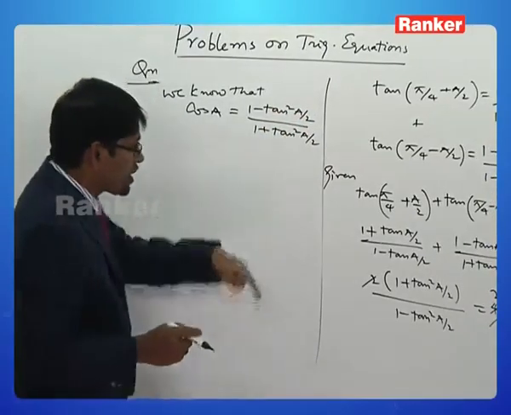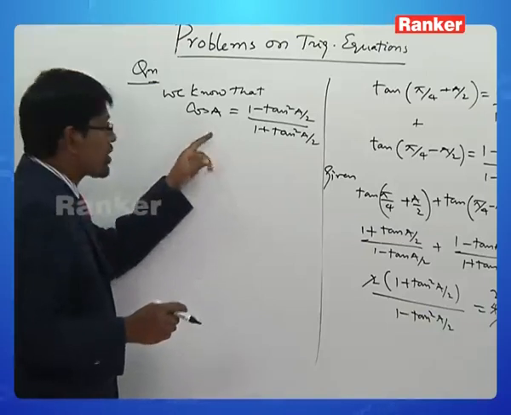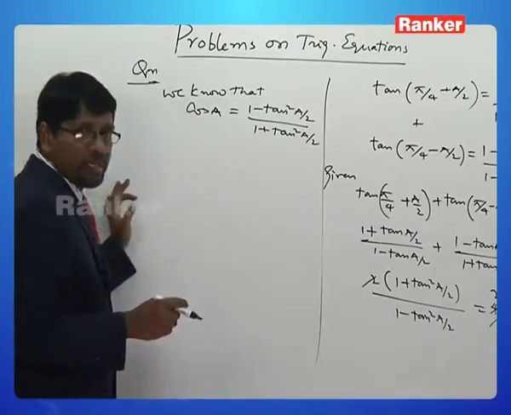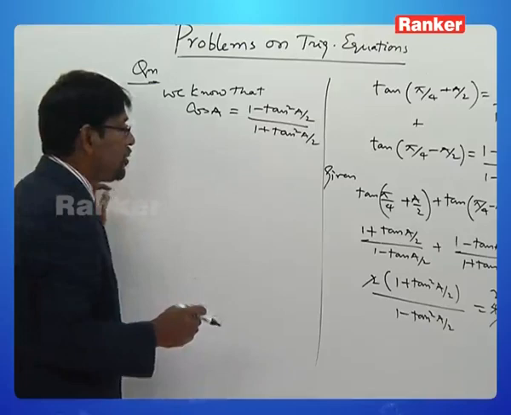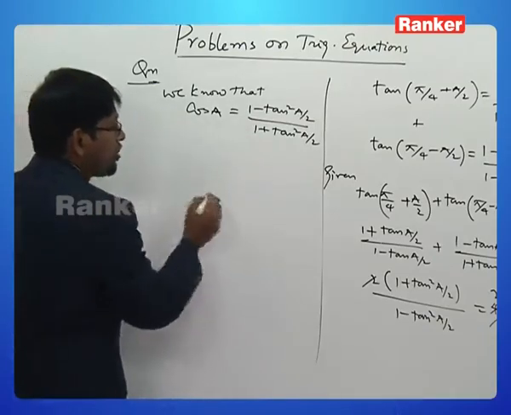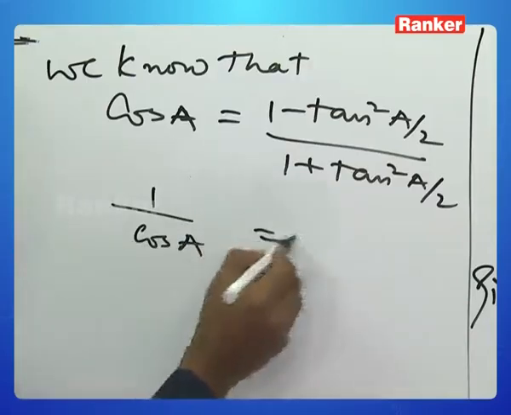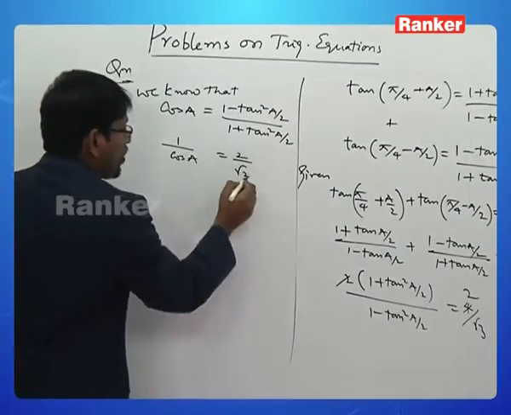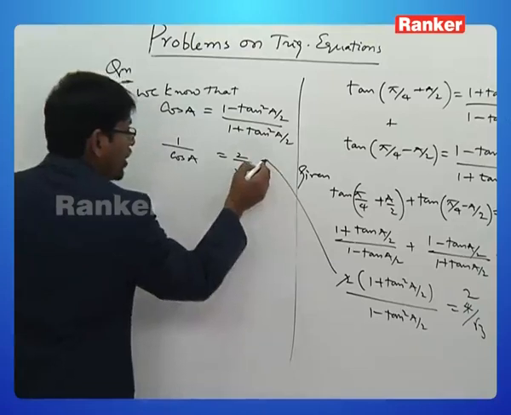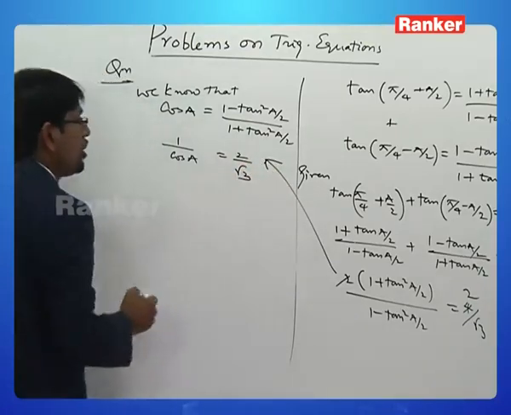It is because it is having a submultiple. So cos a is equal to 1 minus tan square a by 2 by 1 plus tan square a by 2. So you have the reverse. Therefore 1 by cos a is what you have, and that is equal to 2 by root 3. So the equation that you have here is actually 2 by root 3.